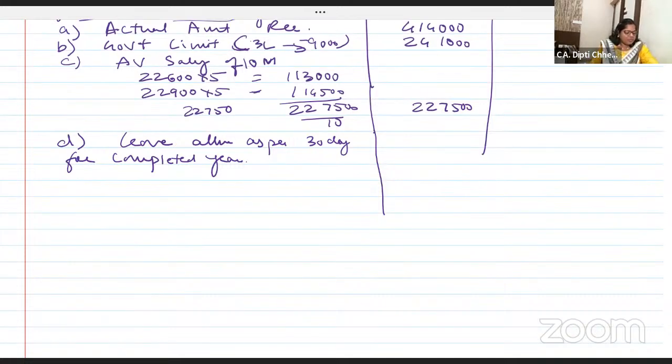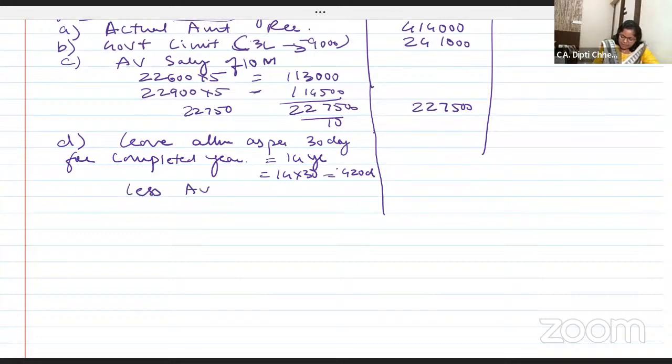So leave allowed for 30 days as per the completed years. कितने years complete हुए? 14 years. 14 into 30, 420 days.